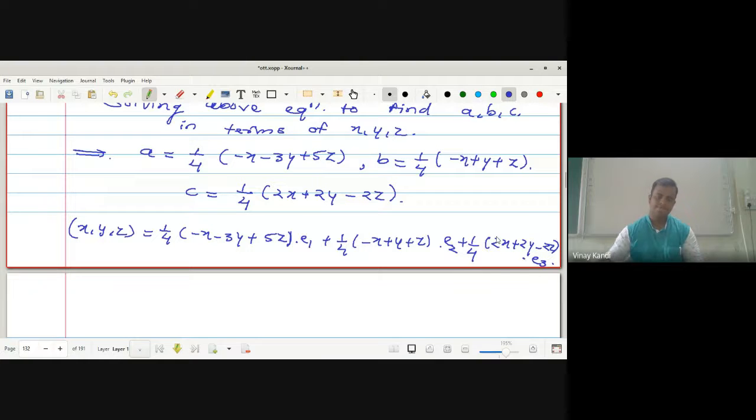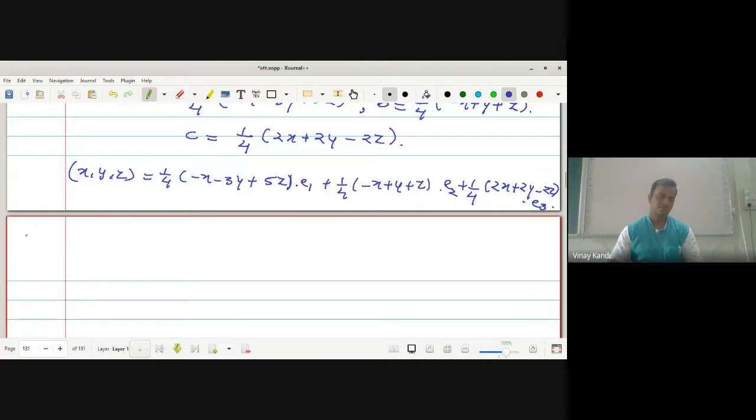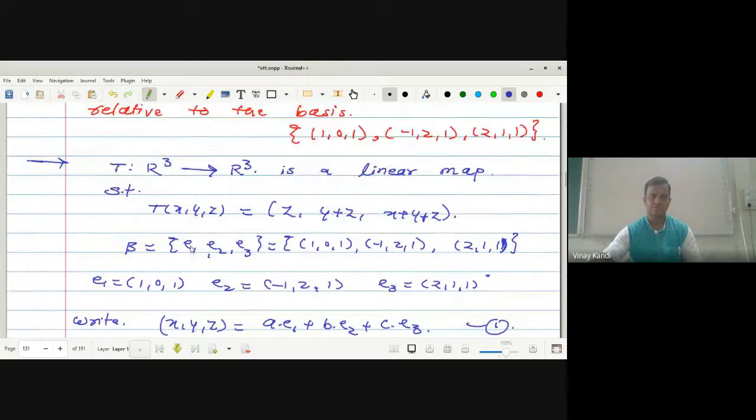Okay, now find T of E1. T of E1 is equal to what? E1 is (1, 0, 1). Now put x is equal to 1, y is equal to 0, and z is equal to 1. So what is T of (x, y, z)?